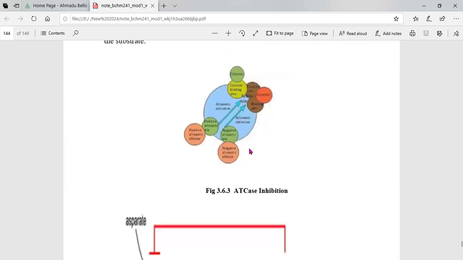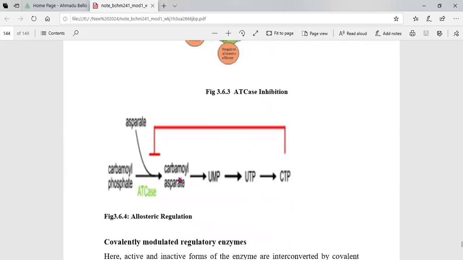I don't know if you can see it clearly. So this is the inhibition of aspartate transcarbamylase. You have the aspartate transcarbamylase reaction: carbamyl phosphate and aspartate give carbamyl aspartate, and then you have UMP to UTP and now to CTP.